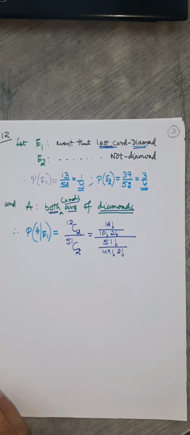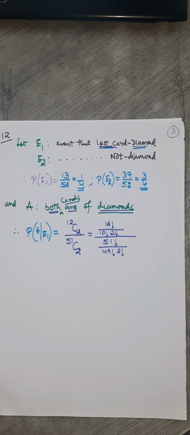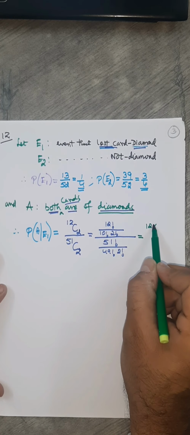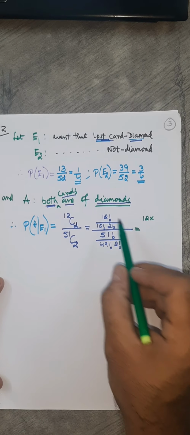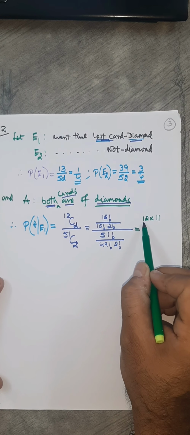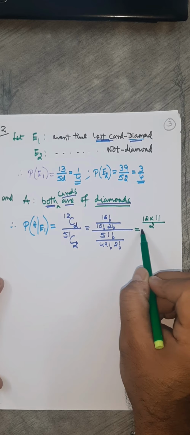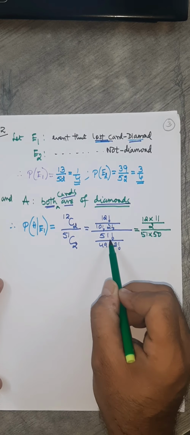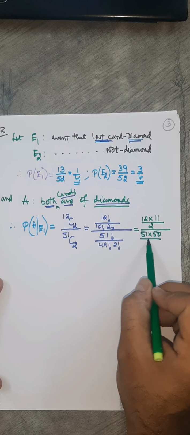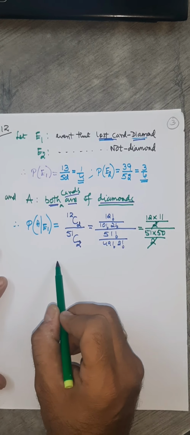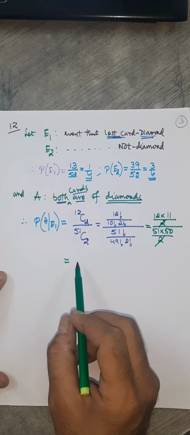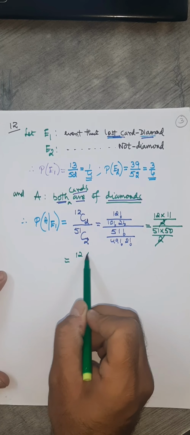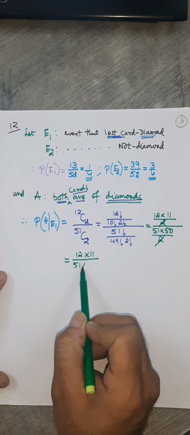If we simplify this, it is 12 into 11, that 10 factorial will cancel, upon 2, the whole upon 51 into 50, and then that 49 factorial will cancel, upon 2. So this 2 again will get cancelled, and finally we are getting 12 into 11 upon 51 into 50.